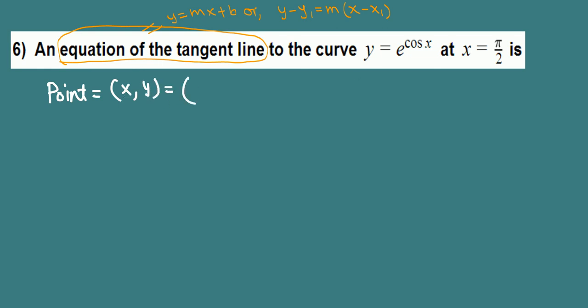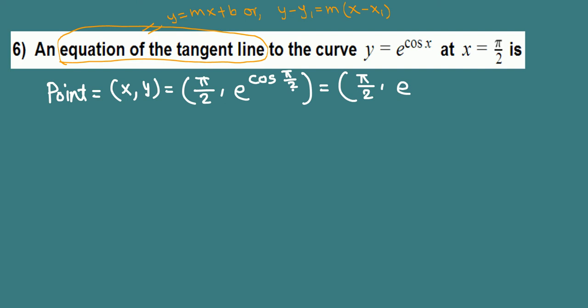The x coordinate is given, pi over 2, comma, the corresponding y coordinate can be found using this curve. So y equals e raised to cosine x, where x happens to be pi over 2, which is pi over 2 comma e raised to cosine pi over 2.